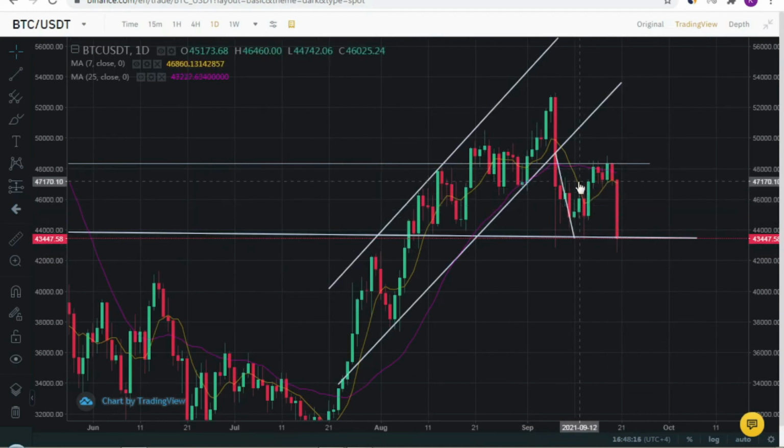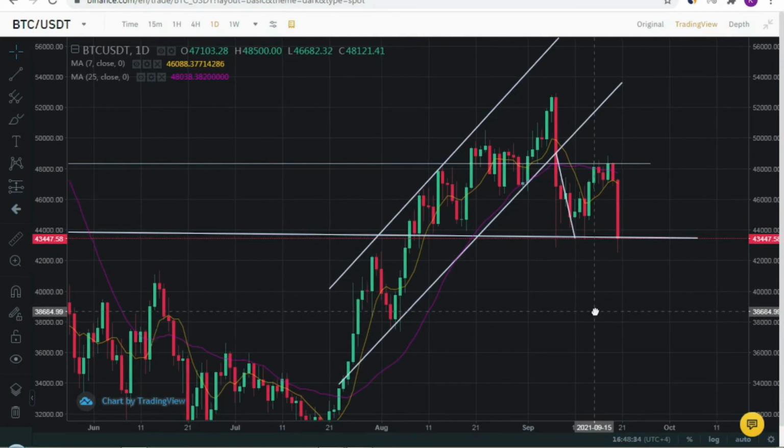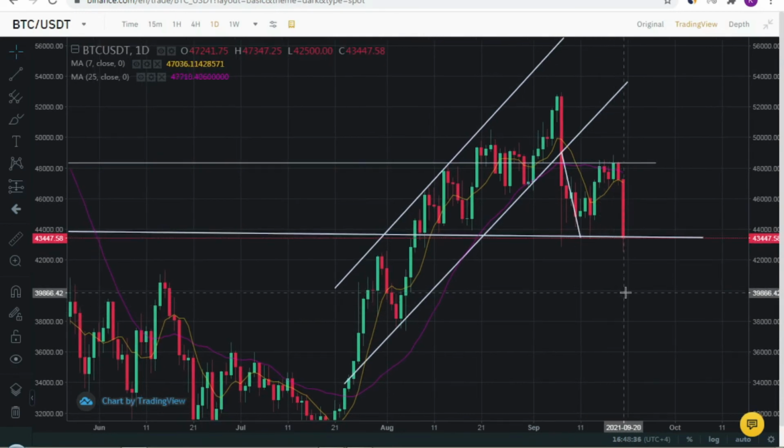And here, the same thing that happened here is what is kind of happening here. If we close below this line today, this line that we just drew in this video, Bitcoin is headed for the gallows. We are going to go down to at least 38,000, at least 39,000.